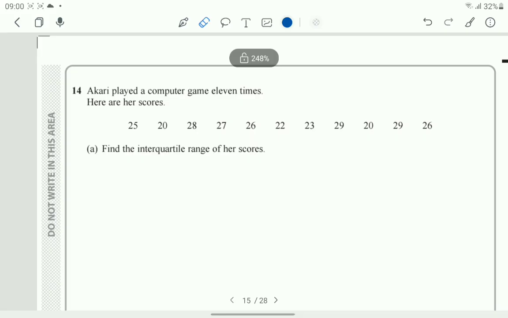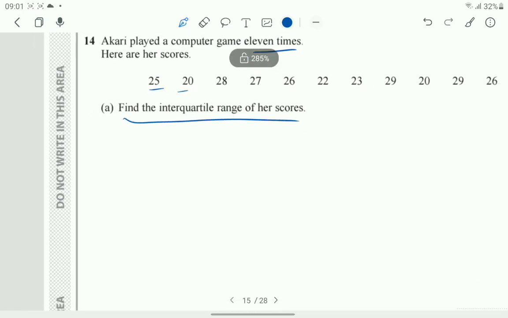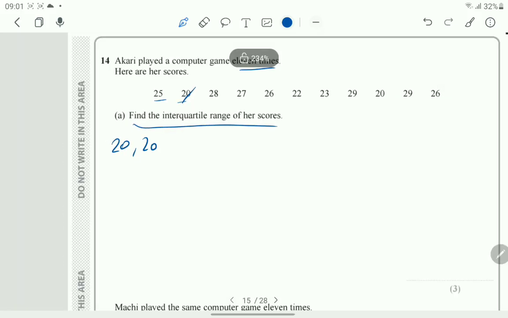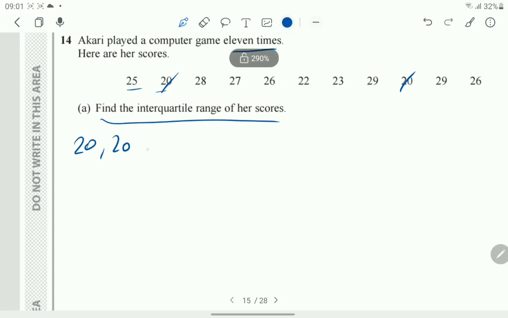So Akari played a computer game 11 times. Here are her scores: 25, 20, 28, and so on and so forth. Find the interquartile range of her scores. Now, in order to find the interquartile range, we need to arrange this in ascending order. So there are two 20s, and do I see a 21? I do not. There is a 22, however, and there is a 23.